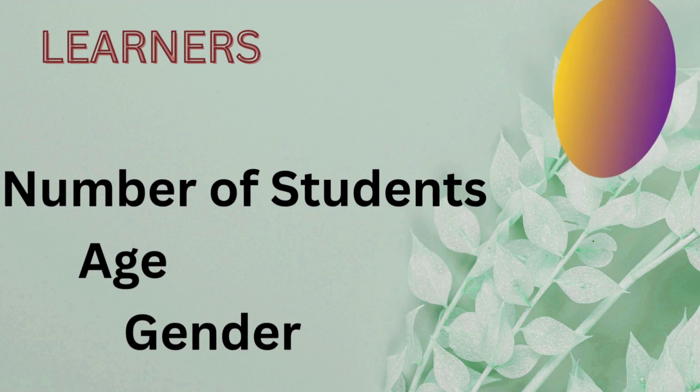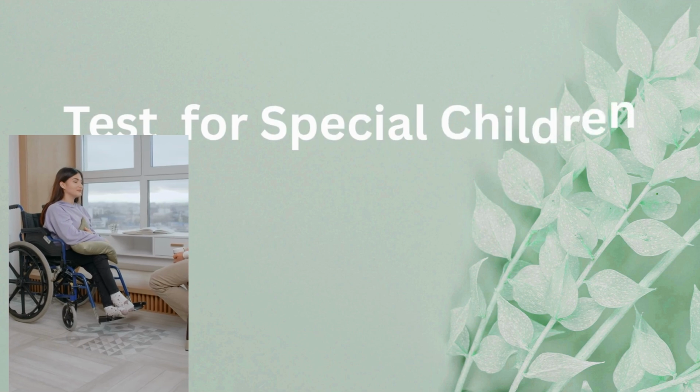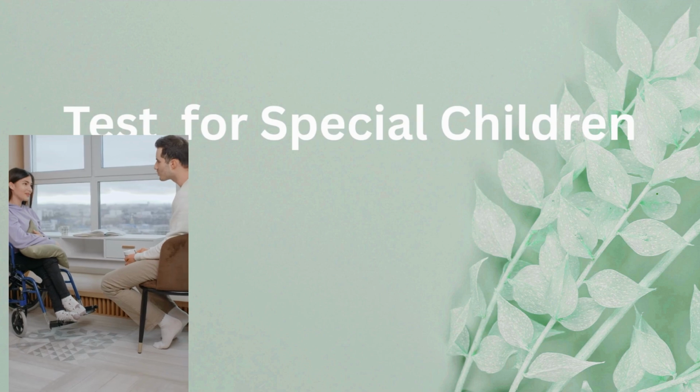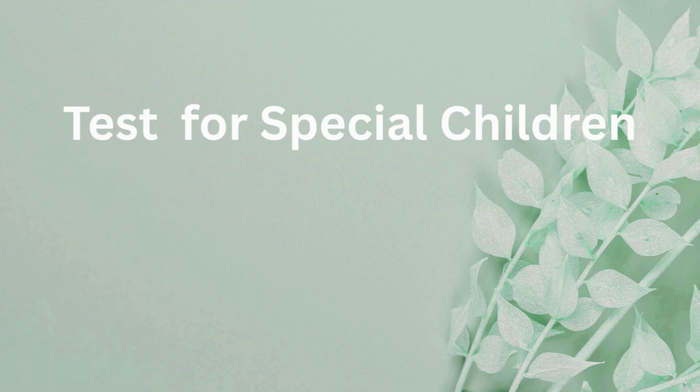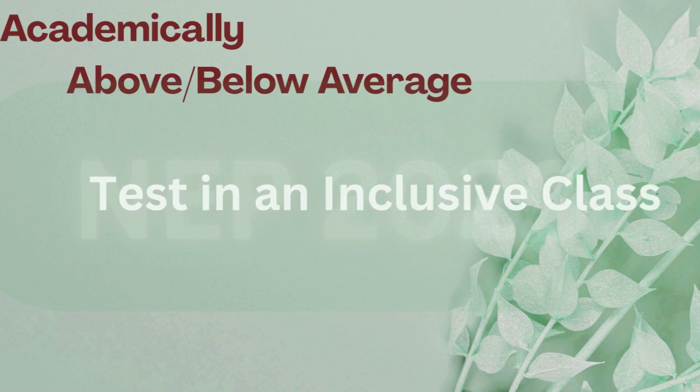A test conducted in a school which is not inclusive in nature cannot be used in a special school because the children require some special arrangements. Therefore, before choosing the test, a teacher should look into the learners' characteristics. The NEP 2020 has been advocating for making the classroom inclusive. That may have students who are academically brighter, average, and weaker.